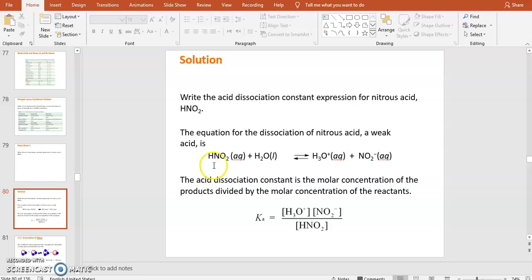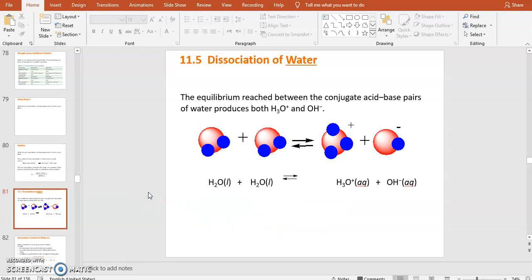This is an acid, so it will give away hydrogen, so we can say that this will ionize into hydrogen and NO2, and then the hydrogen will be received by the water to form hydronium. And then you put your products over your reactant, and if I give you a number, you apply your number.